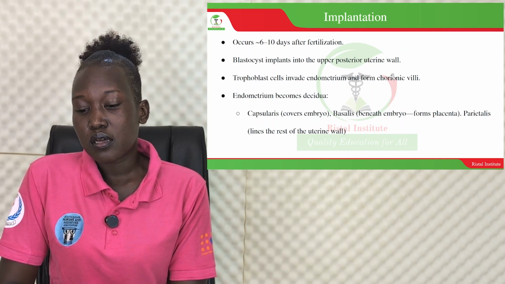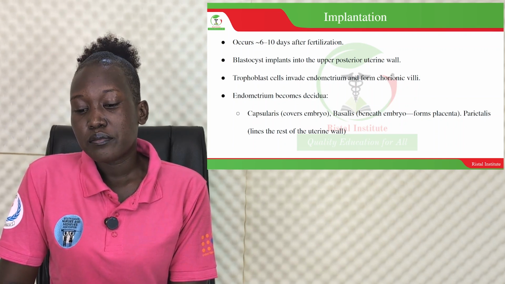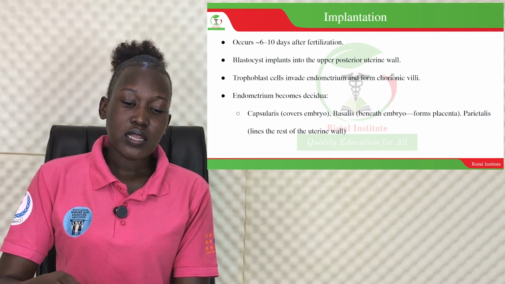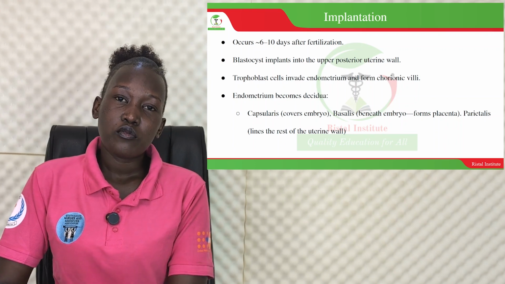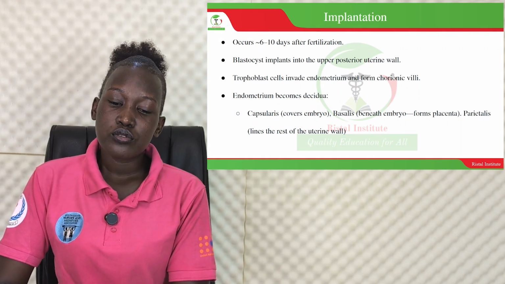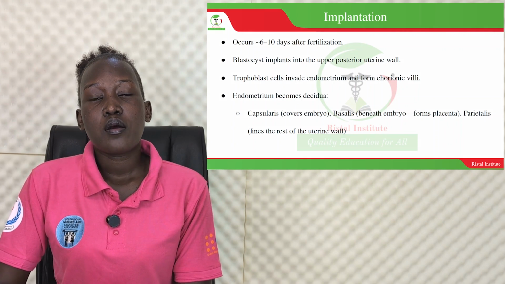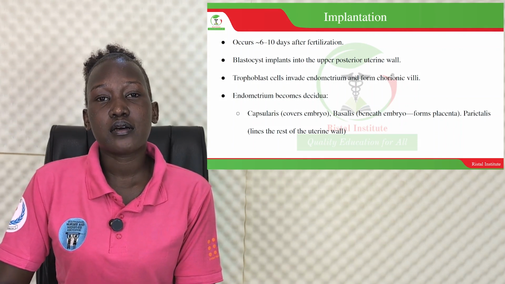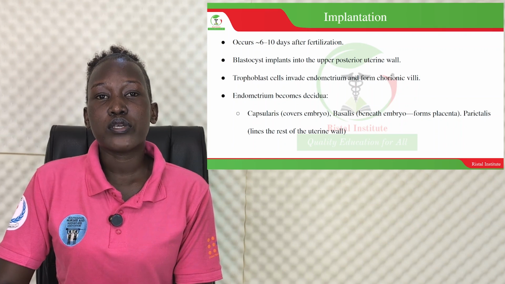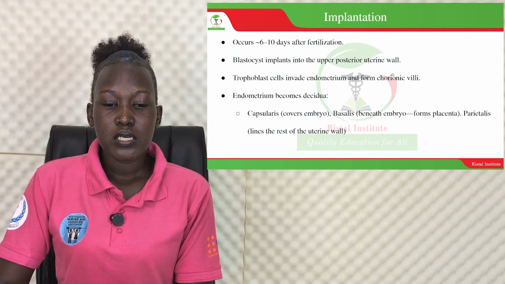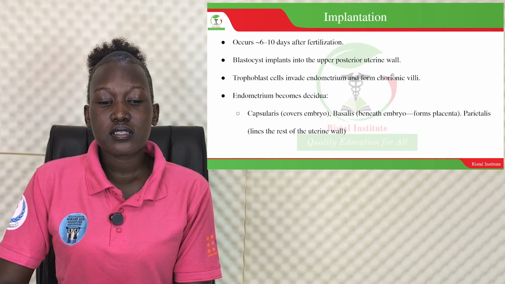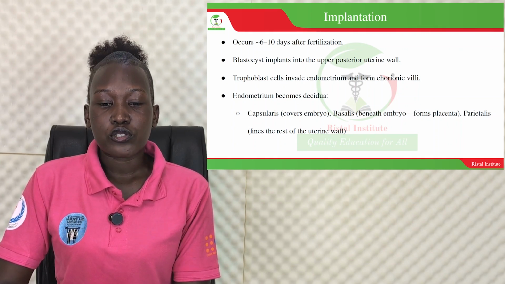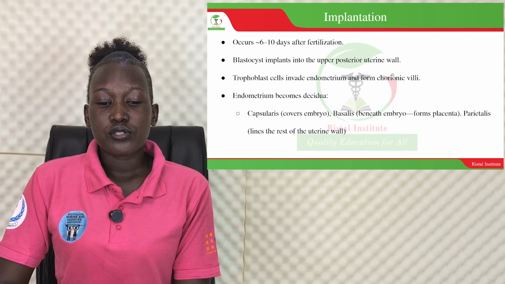Some people call it parietalis. It is the one that lines the rest of the uterine wall, which later also joins with the decidua basalis, but in later weeks of pregnancy. So that is what happens from 6 to 10 days following fertilization. So that is how implantation takes place.